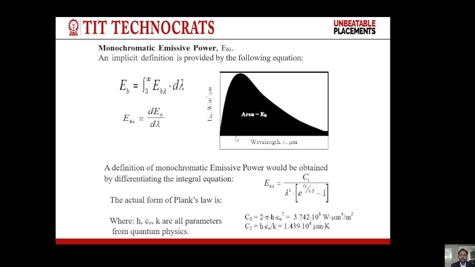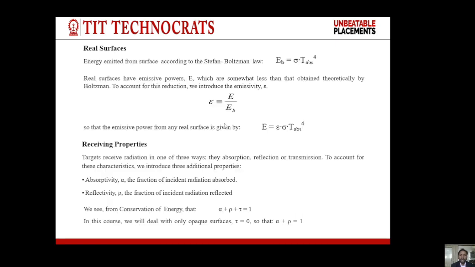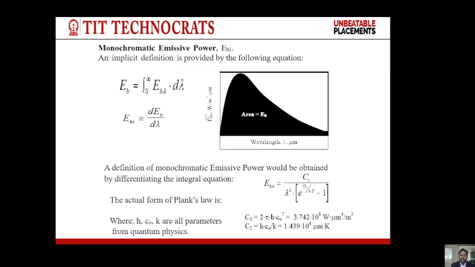This graph shows the area under E_b lambda. By integrating, the whole area defines the amount of heat transfer. A definition of monochromatic emissive power is obtained by differentiating the integral equation.